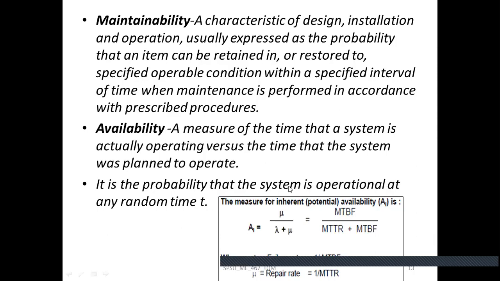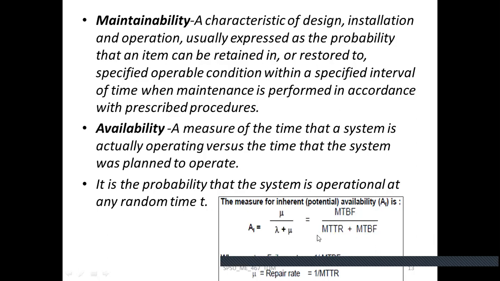Mathematically, you can measure the inherent or potential availability by this formula: mu upon lambda plus mu. It is also written as MTBF, mean time between failure, upon mean time to repair plus mean time between failure.